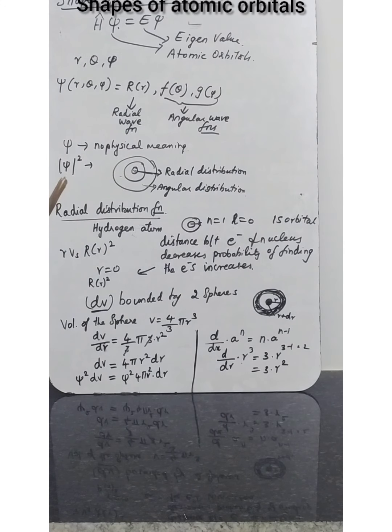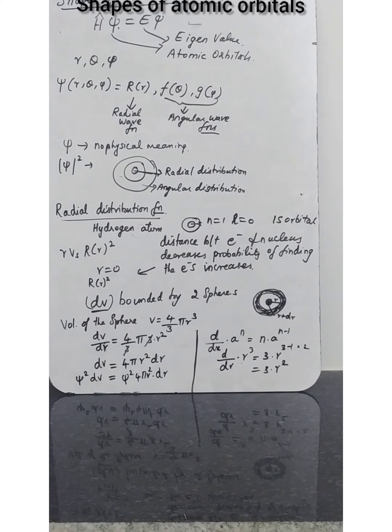So let us analyze how psi squared varies with the distance from the nucleus. That is called the radial distribution of the probability.